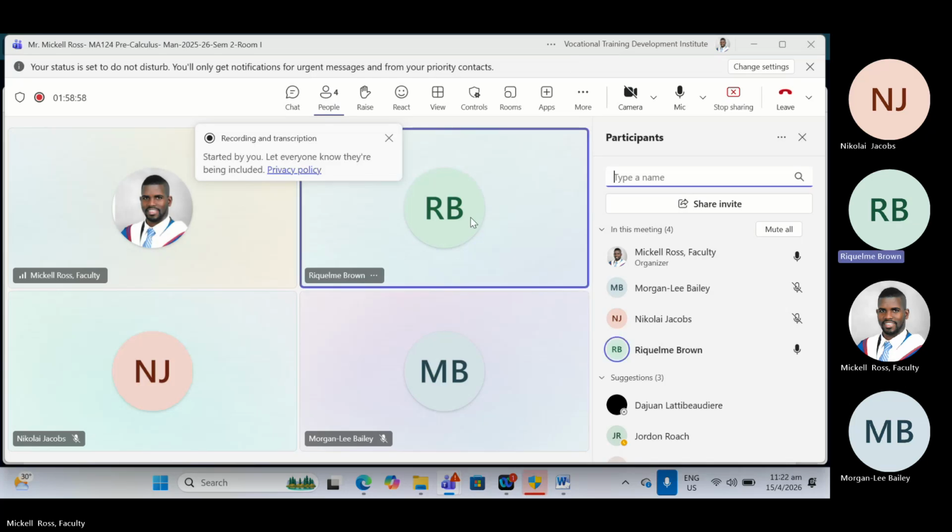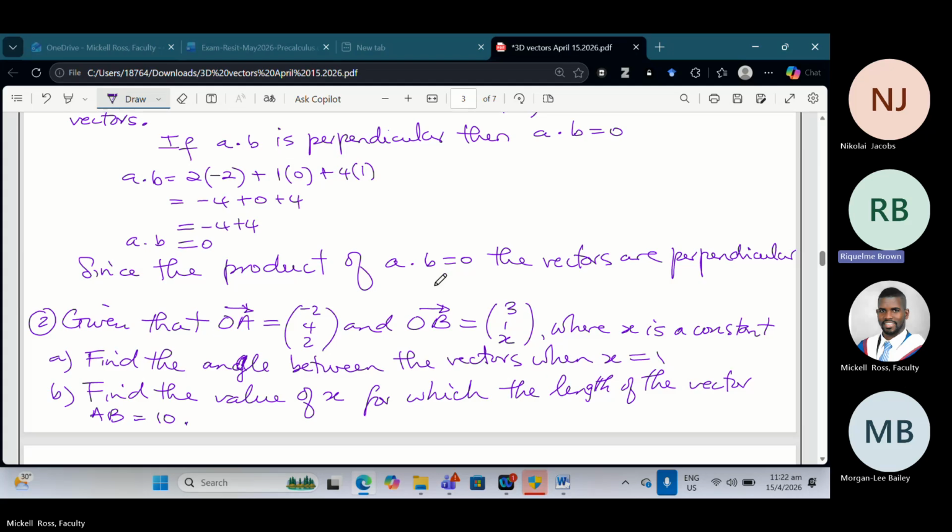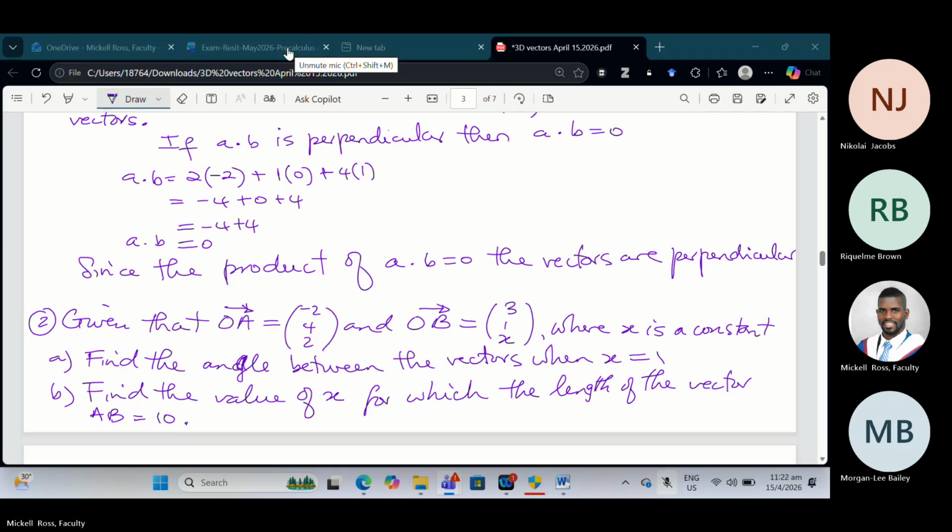Should I just send emails in the chat? Yeah, just send your emails in the chat. Thank you. Yeah, the current email that they use from VTDI. Gotcha. Oh yeah, okay.